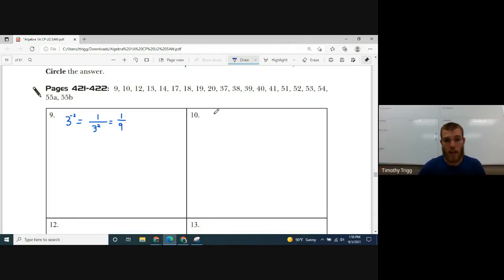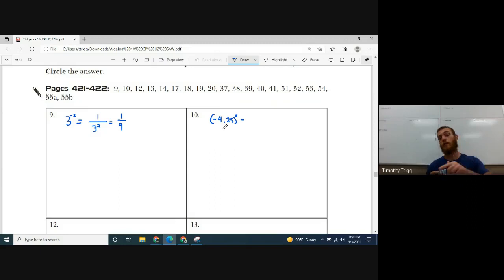Okay, number 10. I don't think we've covered this rule, but let's go ahead and cover it now. So we have (-425) to the power of 0. Now, I want to emphasize here that the negative is in the parentheses, which means that this entire thing, including the negative, gets the exponent.